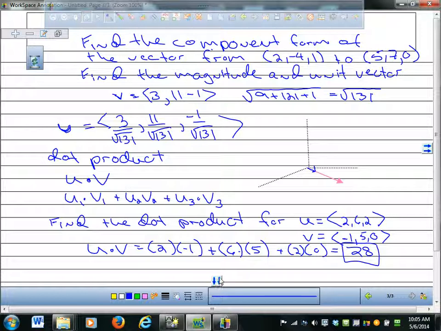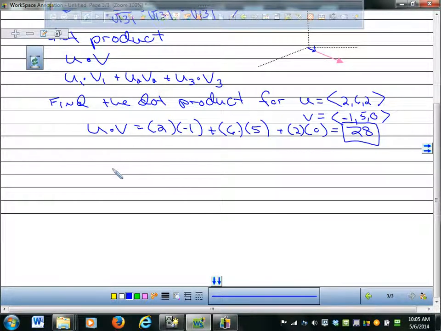So the angle between 2 vectors, which we learned last time when we talked about vectors in 2 dimensions. Anyone remember what that formula is?